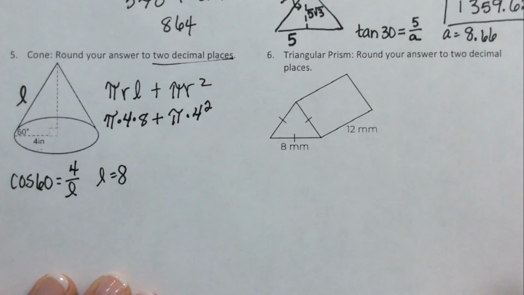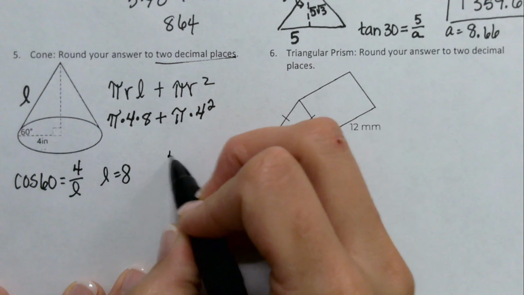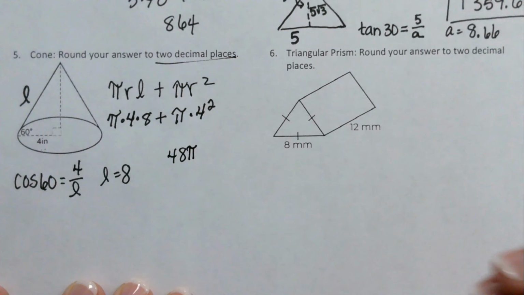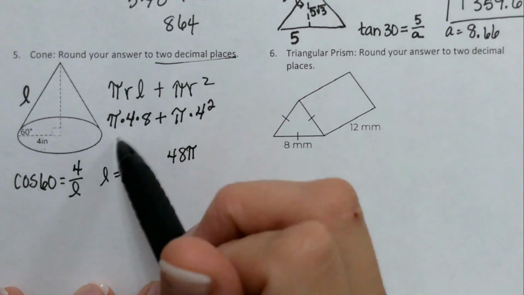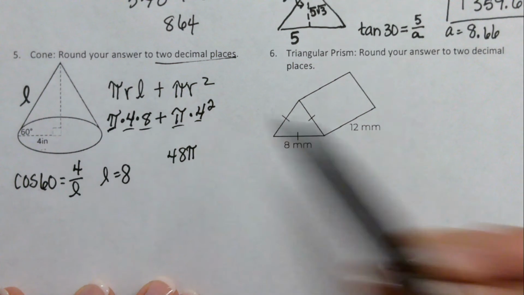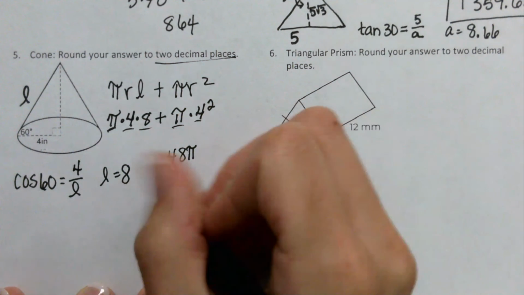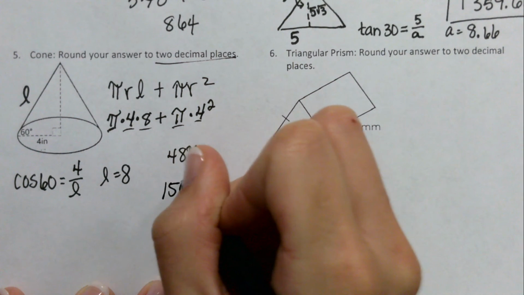If you left the pi's out of your calculator, 48 pi would be the answer in terms of pi. But if you type 48 times the pi, or you put the pi's in the calculator as you're typing in the other numbers, you end up with 150.80.